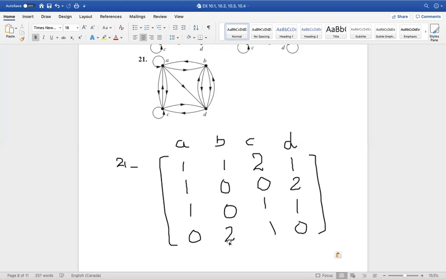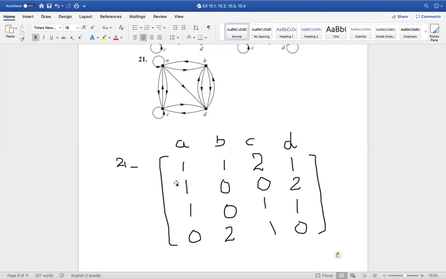How do you know? Why are you checking if it's going from D to B in this case? So here we have this adjacency matrix. Basically, we fill this out in a way that it covers all the orientations.